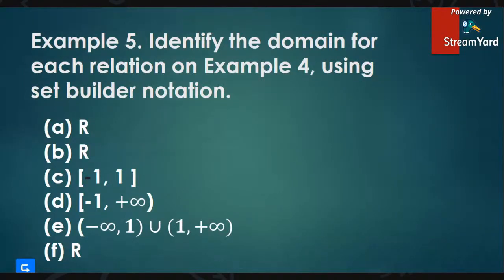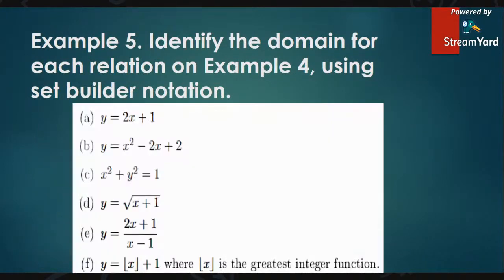Hindi kasama si 1 dyan, kasi gumamit tayo ng parenthesis. Ibig sabihin, mas mababa kay 1, like 0.90, 0.8, 0.9999, basta hindi pa siya umabot ng 1, kasama pa rin sa domain niya doon sa ating given na equation, which is y equals 2x plus 1 over x minus 1, or given na function.